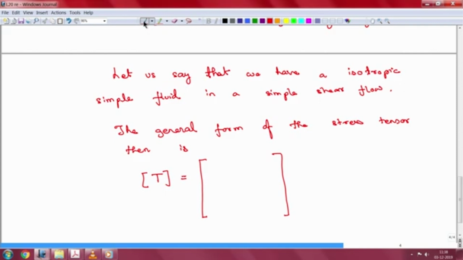Now here, in the Newtonian case, you will have a shear stress. These are going to be symmetric because we have already discussed that the stress tensor for a fluid element is going to be symmetric due to the application of the principle of linear angular momentum.